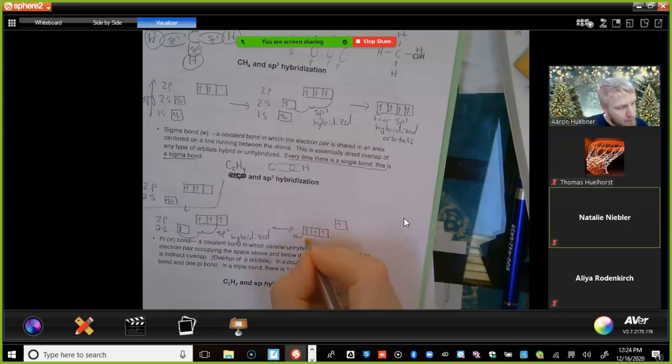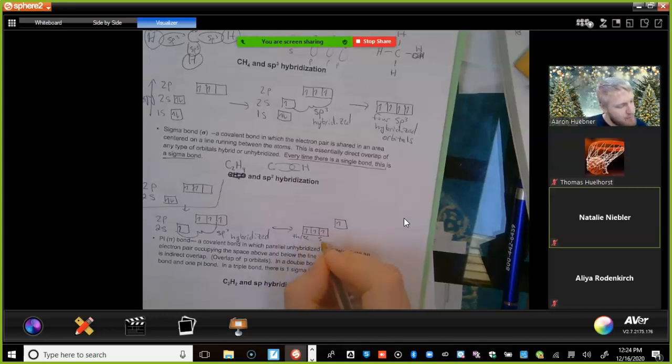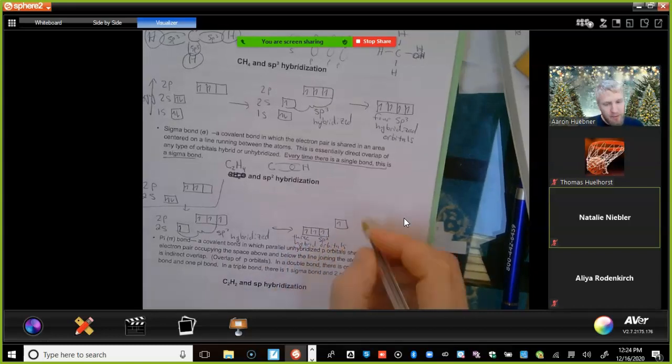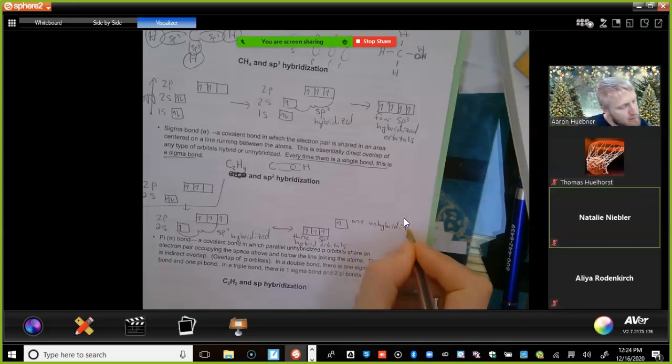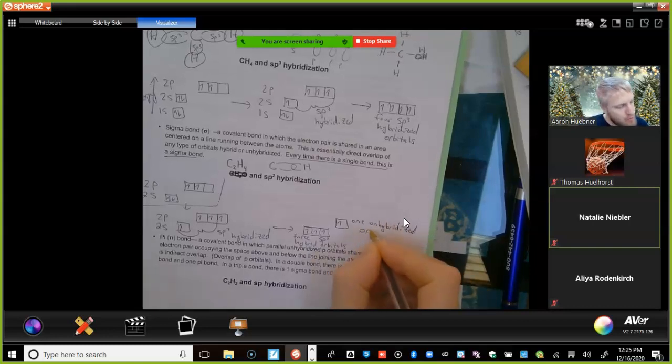We got 3 sp2 hybrid orbitals. And here we just have one unhybridized p orbital.